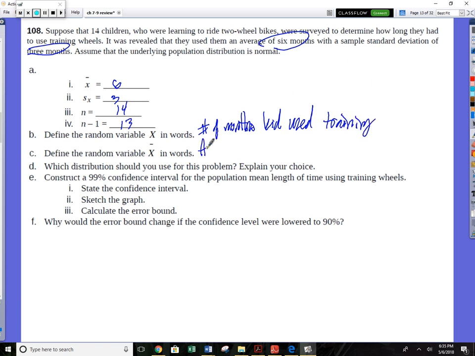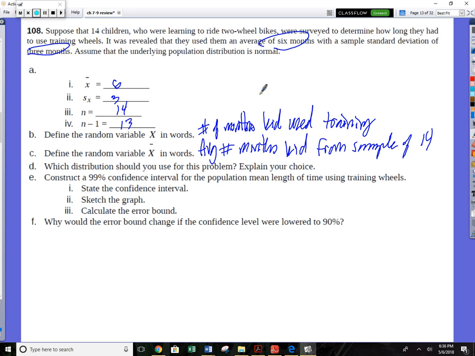And x bar is the average number of months a kid from the sample of 14 used training wheels. So we're starting to get pretty good at recognizing when to use central limit theorem and when to use just a normal distribution.